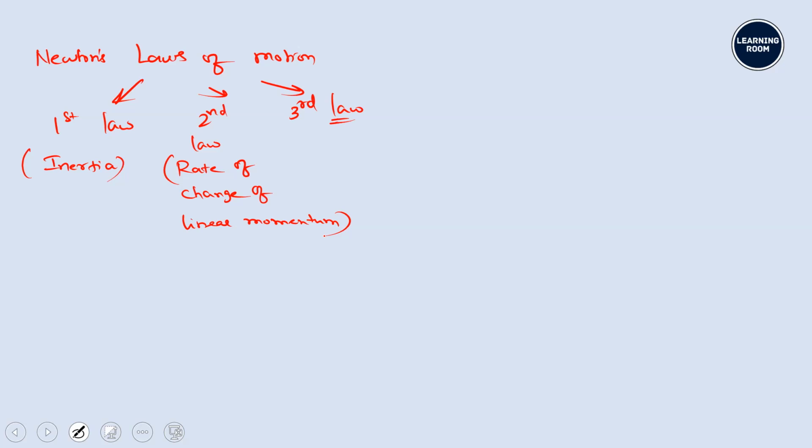And the third law speaks about action, reaction forces. So we need to look at them in detail. Shall we?